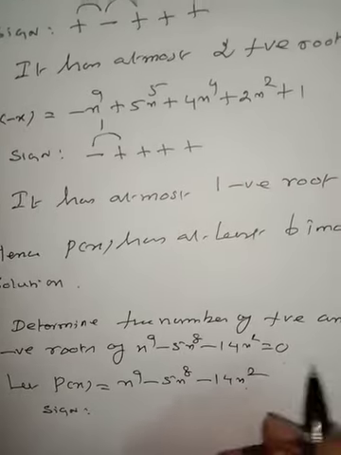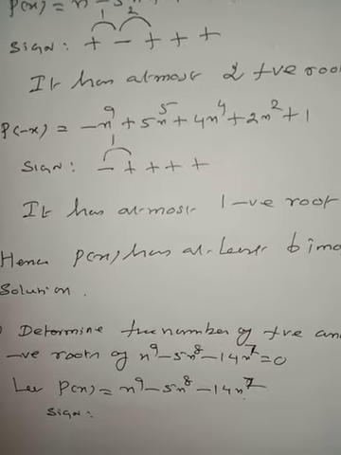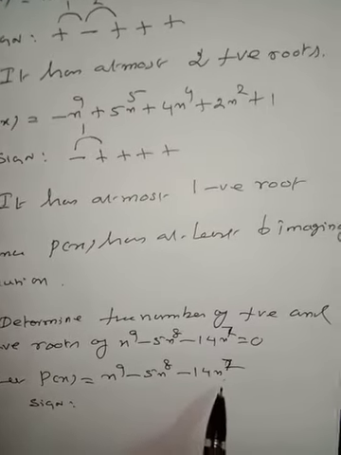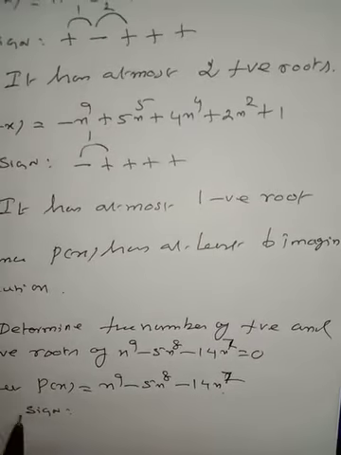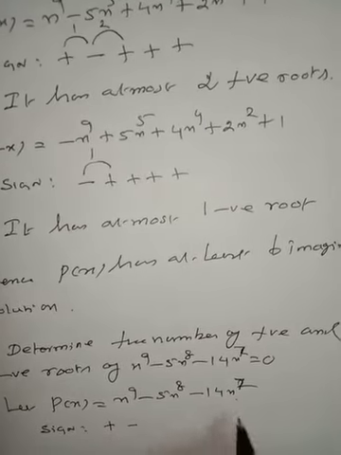Here it is 7, here 7. Now x power 9 minus 5x power 8 minus 14x power 7. Sign: first positive, next negative, next negative.